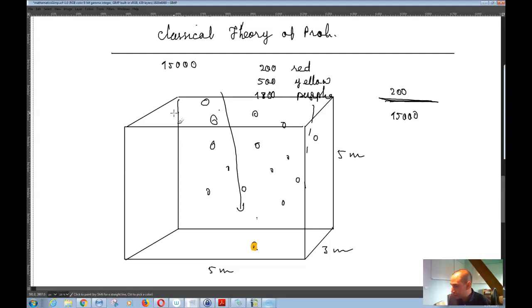Here basically it says that, recall, the outcomes are called equally likely when we have no reason to believe that one is more likely to occur than the other.